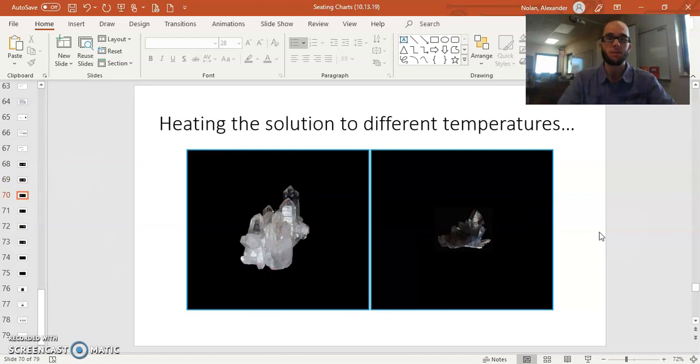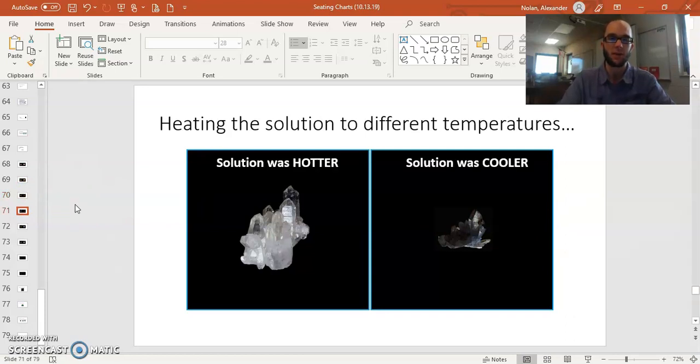The other thing that we experimented with was different temperatures. I don't have an example here, but I have one on the screen. In the case on the left, we have bigger crystals, and in the case on the right, we have smaller crystals. What kind of temperature changes would result in different crystals?